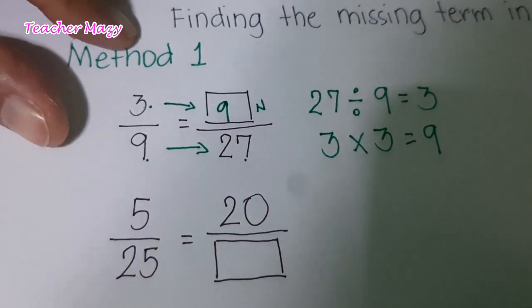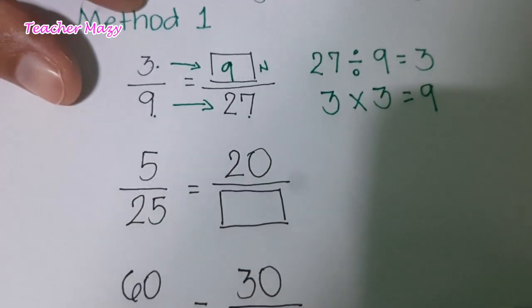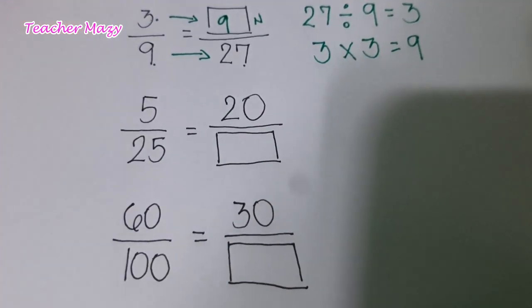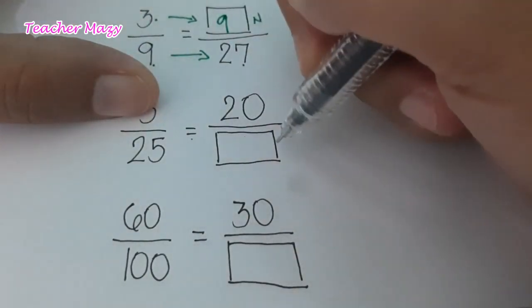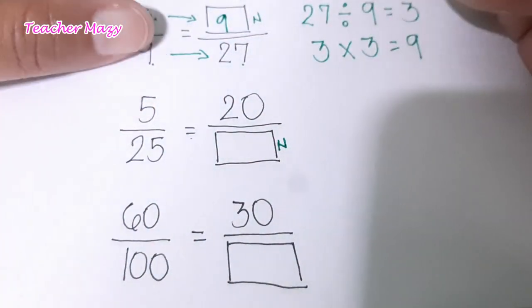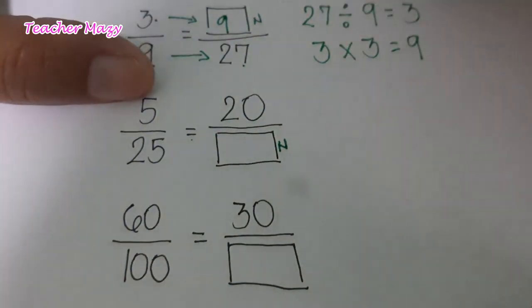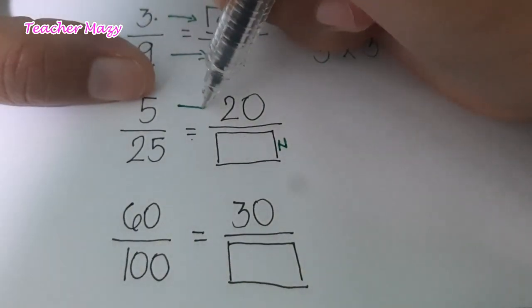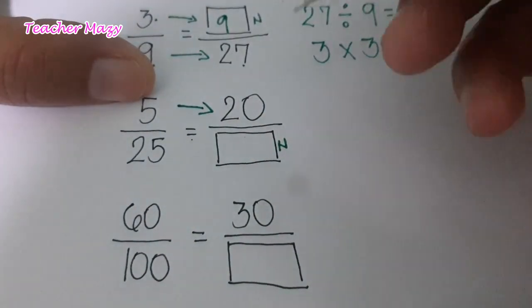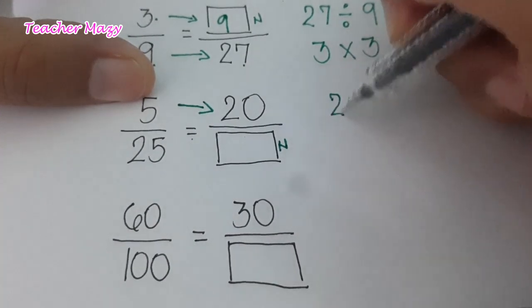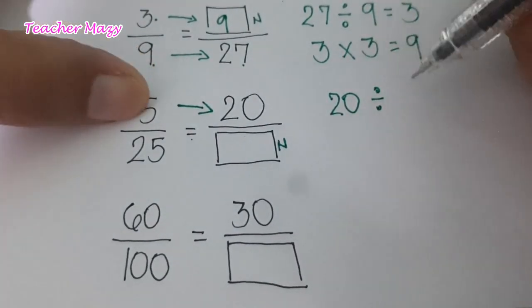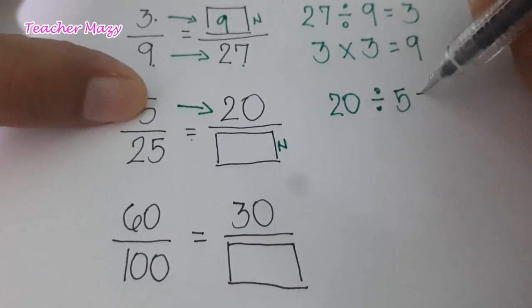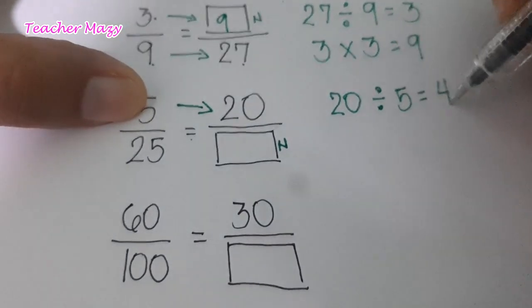Okay, let's have another one. We have 5 over 25 is equal to 20 over n. Let's use n for the missing term. Again, divide it horizontally. So we have 20 divided by 5, that is equal to 4.